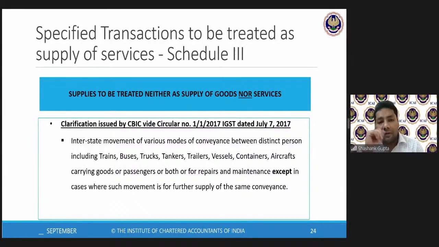Supply is to be treated neither as supply of goods nor services, another addition. And this is a wonderful addition. Let me give you a practical background. These lifts, which are movable lifts, which you would have seen, a person is standing in a basket, and that is lifted, and that person is doing something on the lamp post, on the metro poles, on a high-rise building, cleaning, glass fixing.